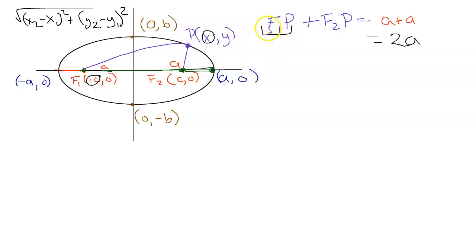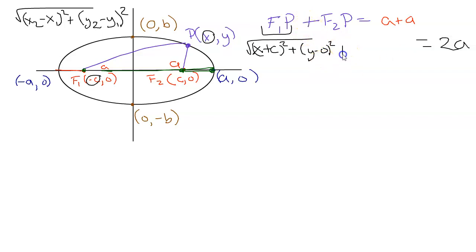So for the first focus, we're going to have the square root of x minus negative c. That will change this to a plus c. The distance formula is adding the two things squared. Now we do the y values, y minus 0 squared. I'm going to have to move the equals 2a over because I'm going to run out of room.